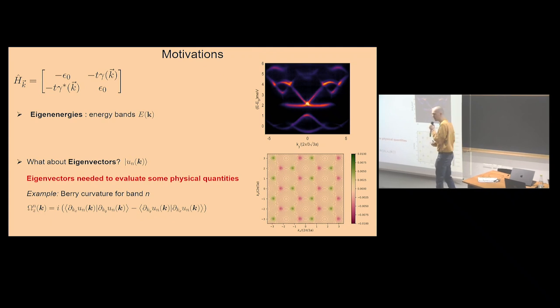So it's typical, for instance, in the field of topological physics, where the Berry curvature for a given band is expressed as this. So it's a scalar product of the derivative of the different Bloch wave functions of your Hamiltonian. Okay, so if you want really to measure that experimentally, to characterize these quantities experimentally, you need to know the eigenvectors. So that was the motivation here.